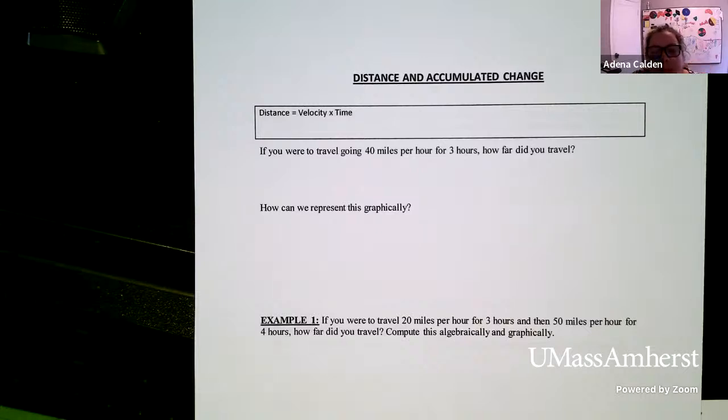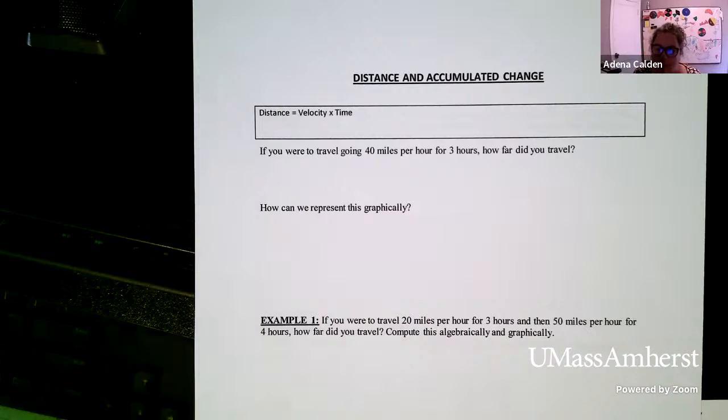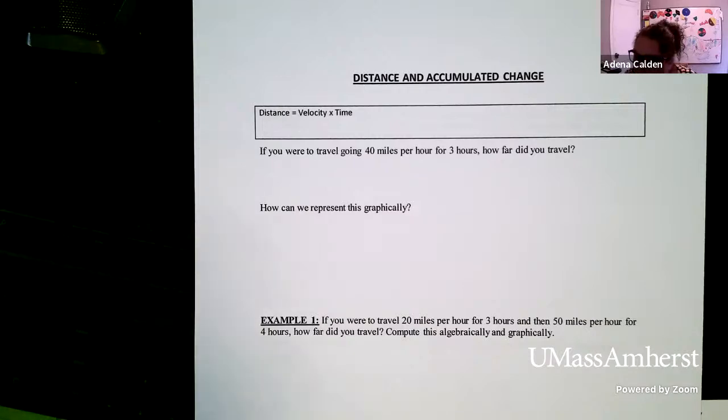And so one way that we calculate distance is by doing velocity times time. So we have some rate of change, and we have some amount of time that we've been doing that rate of change. And if we multiply them together, that's going to give us the distance. So one example, if you were going to travel 40 miles per hour for 3 hours, how far did you travel, right?